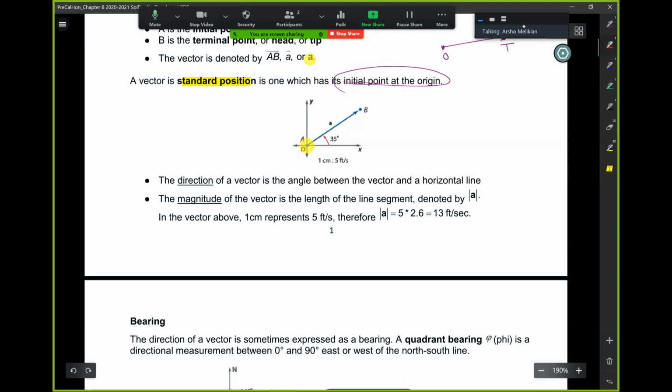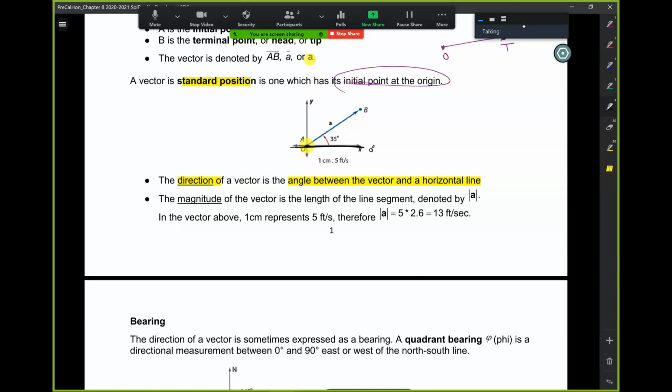The direction is always the angle between the vector and a horizontal line. So you have your vector, you draw a horizontal line at the initial point, and this is angle 0. Then you start rotating to your angle, and this has an angle of 35 degrees.